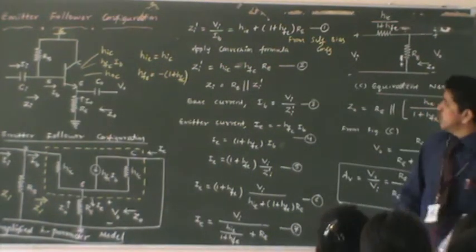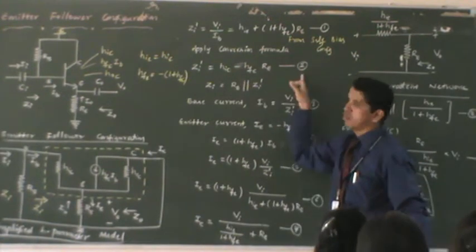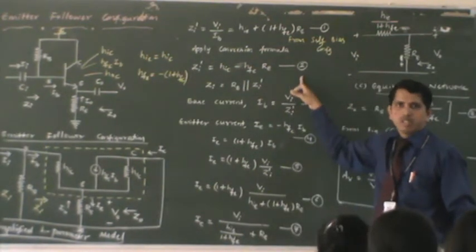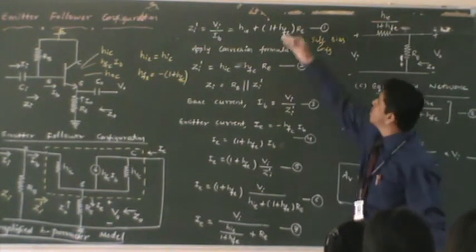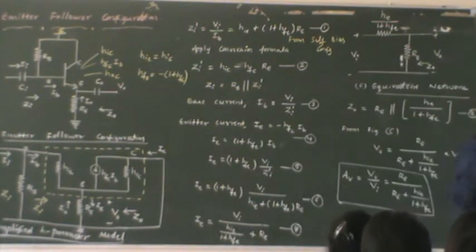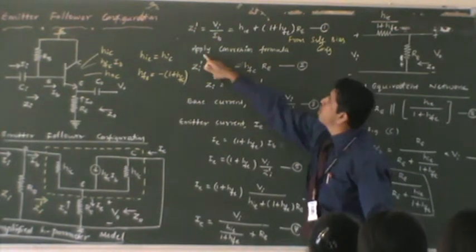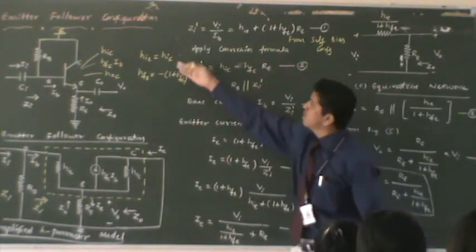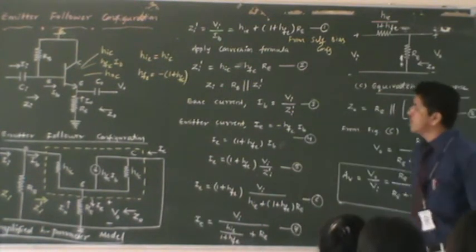So these two equations I am replacing here so that you get equation number 2. In the textbook it is not mentioned at all, so it will feel difficult the moment you start with this, you straight away think of this equation. But most of you will be in trouble about how I got that equation. You understood now how we got equation number 2. Equation number 2 comes from equation number 1 of the previous derivation, and you apply the conversion formulas given here to get equation number 2.